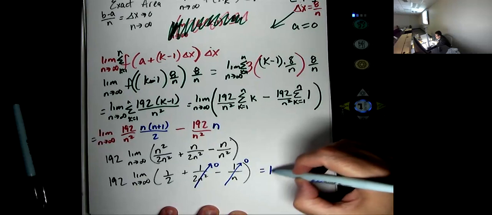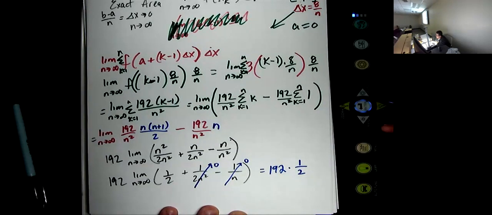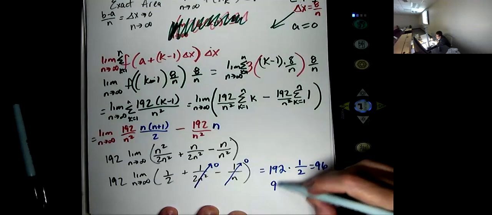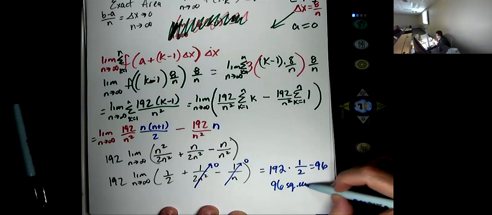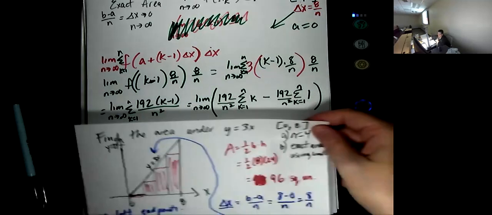So this goes to 192 times 1/2, which is 96. Which is what we got doing 1/2 base times height.